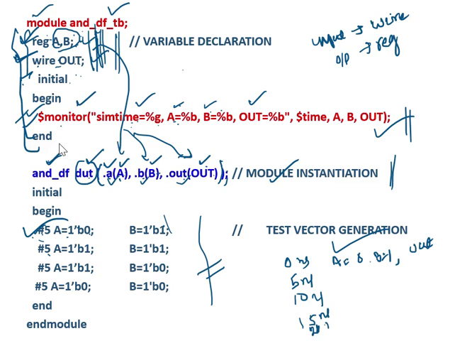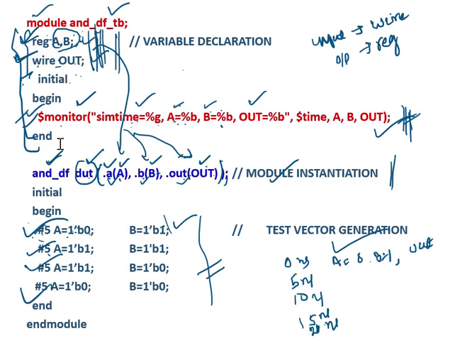So see here the signals are changing. At 5 nanosecond the signal is changing, A and B value changed. Then 10 nanosecond it is changing, then 15 nanosecond, 20 nanosecond. So monitor means whenever there is a change in A and B, it will be evaluated. This line will give you the updated output.